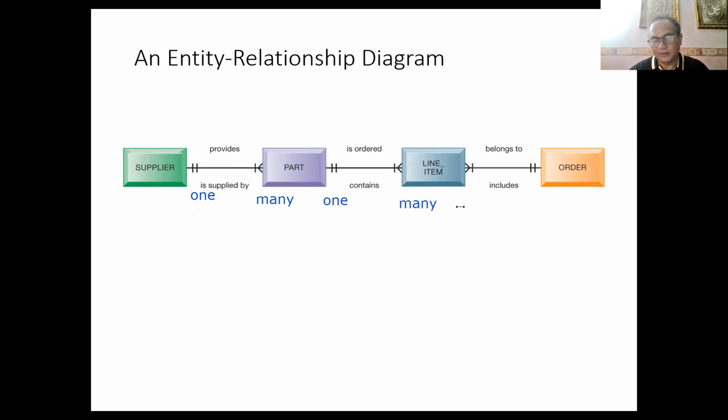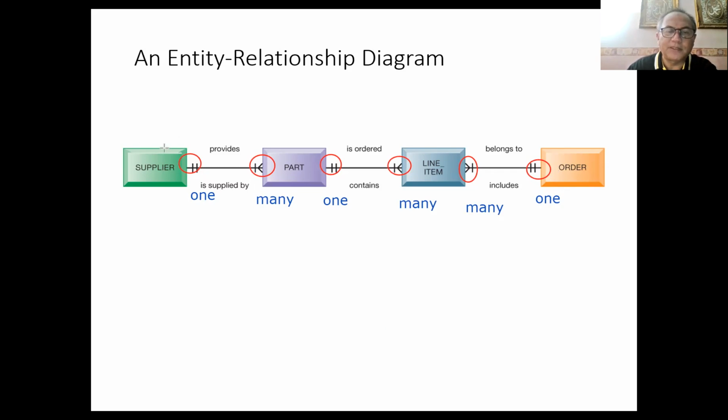This is many to one. How do you look at it? You look at the symbol here. So this is one, so one to many, one to many, many to one. So combining the referential integrity into this entity relationship diagram.